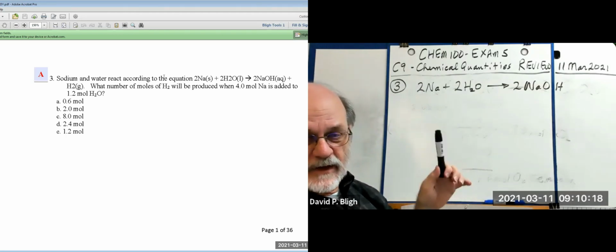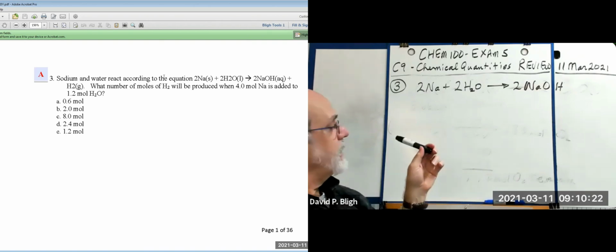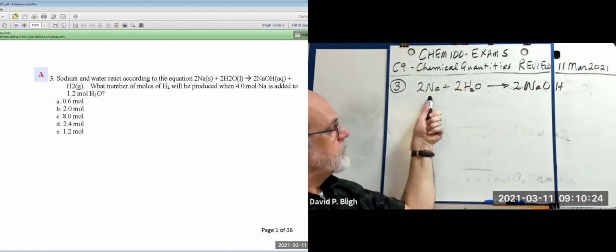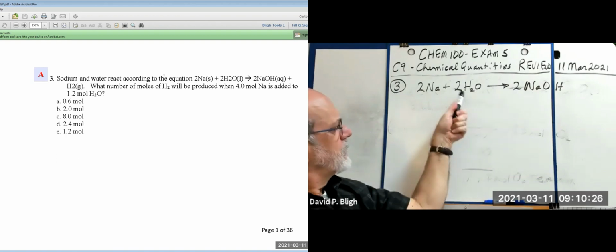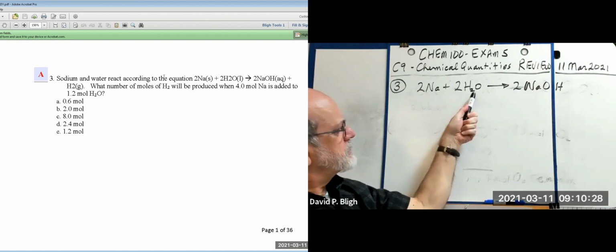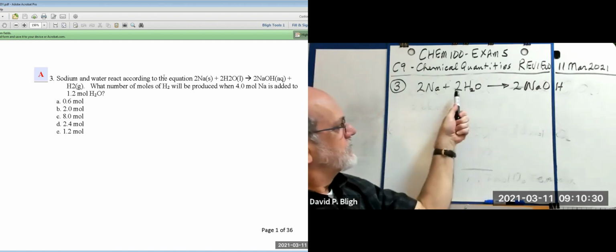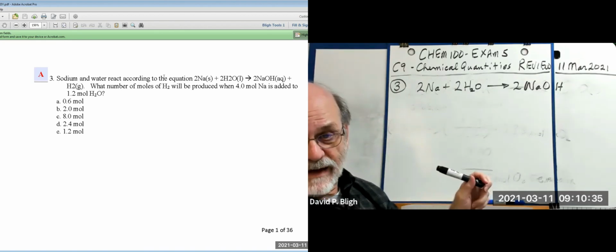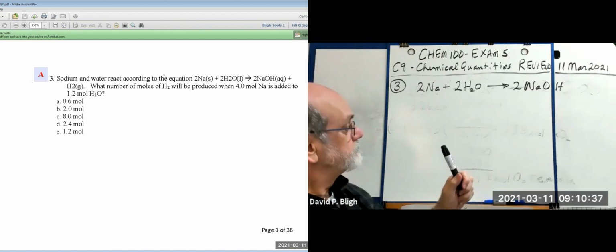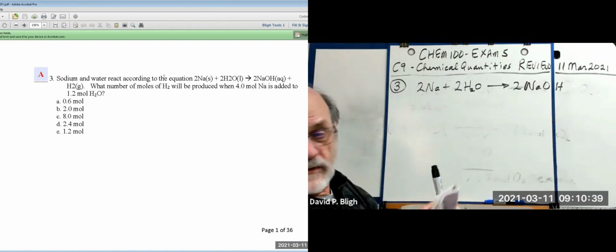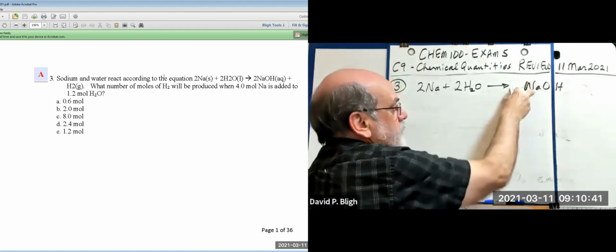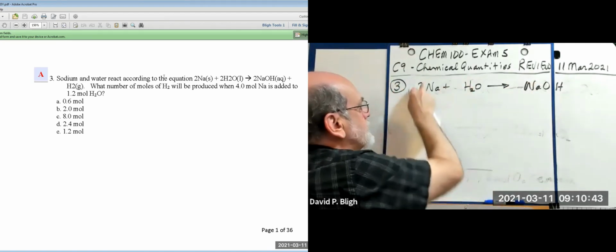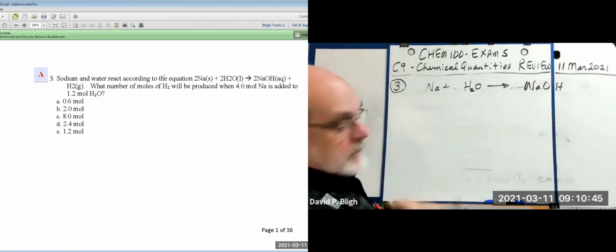So that leads me to believe that maybe it's not balanced. So let's check it out. The way it's written, 2 sodiums, 4 hydrogens, 2 hydrogens, 2 oxygens, 2 oxygens. That equation is not balanced. So what I would do is get rid of the coefficients and balance it.